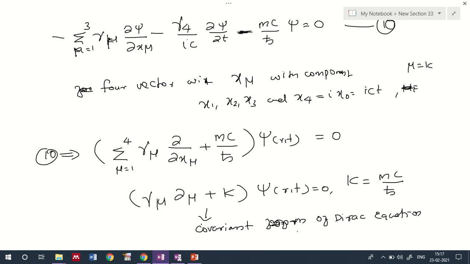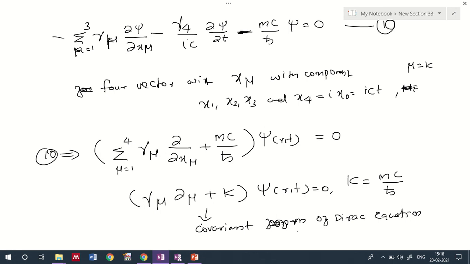From the Dirac relativistic equation, we tried to find the covariant form. For that, we tried to introduce a new matrix. We already said that alpha x and beta represent not a number but a matrix. So we introduced another new matrix called gamma, which is a combination of minus i beta alpha.